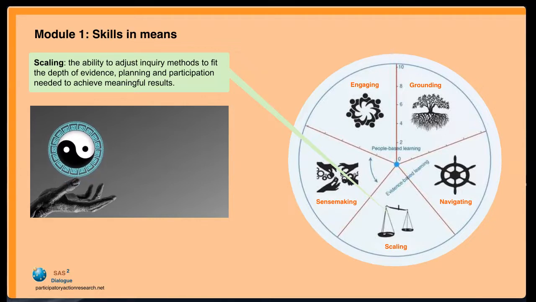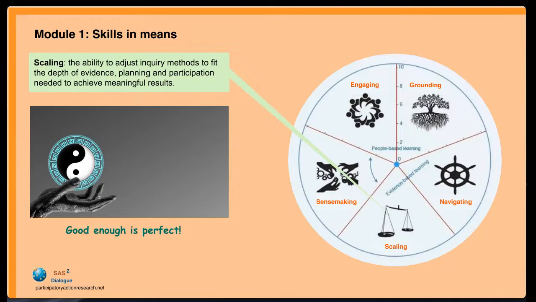The tool validation in Module 3 is handy for thinking through how much evidence and participation are needed before any action can be taken. Instead of aiming for maximum participation and maximum evidence, the action inquiry should be scaled with strategic goals, time available, and scope for immediate follow-up in mind. As with most things that matter, good enough is perfect.